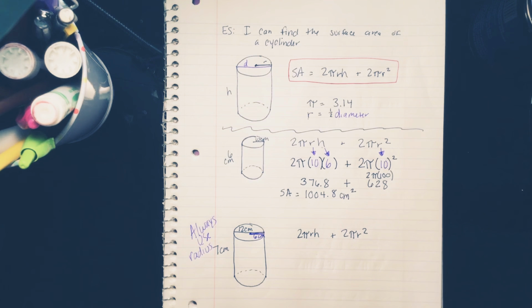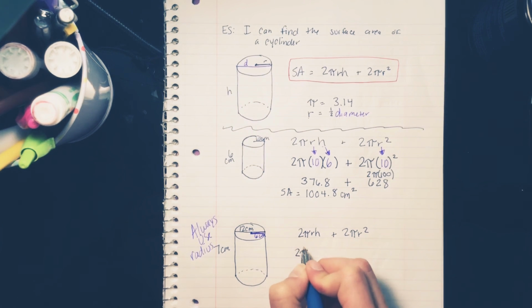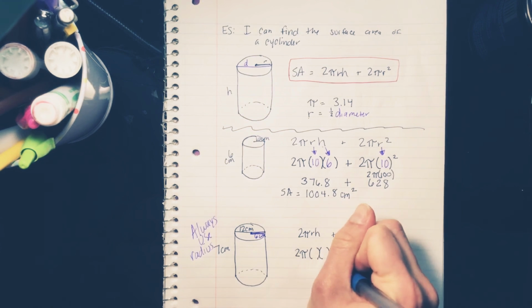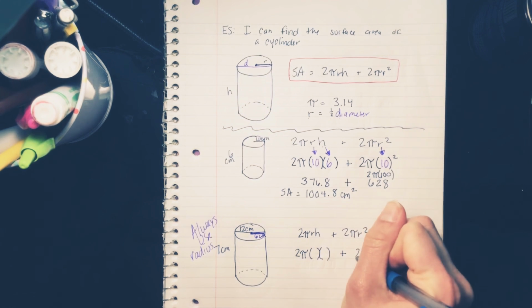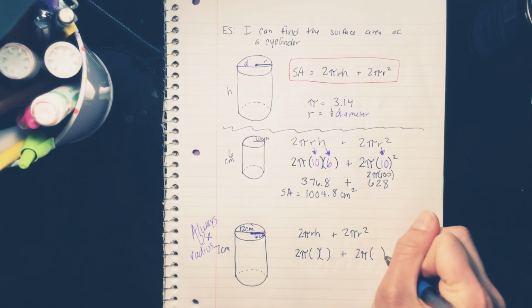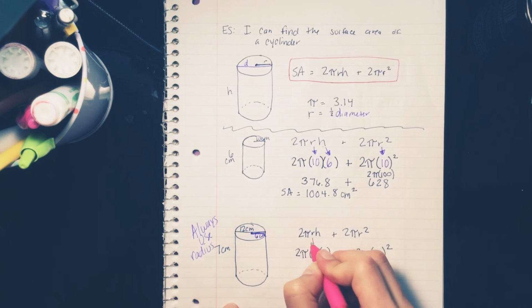Now we're going to plug it into our formula. We have 2 pi, things that are already given. Let's write our parentheses, plus 2 pi, which is already given, parentheses squared. Now what do we plug into our parentheses? Our radius.